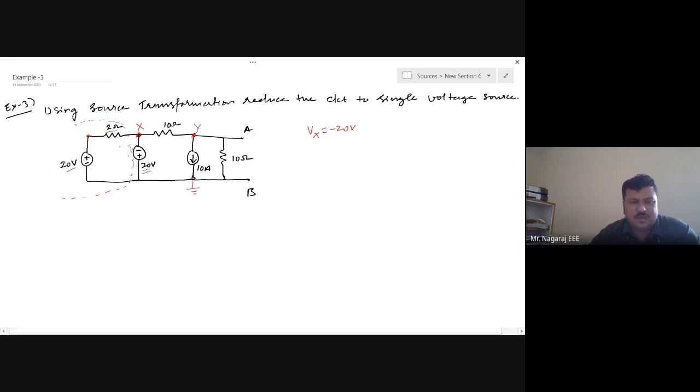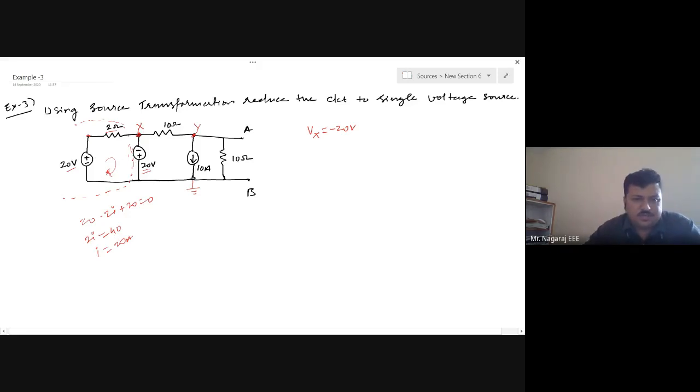Even if you apply KVL here, what will happen? If I apply it like this, 20 minus 2i plus 20 is equal to 0. So 2i is equal to 40, or I is equal to 20 amps.